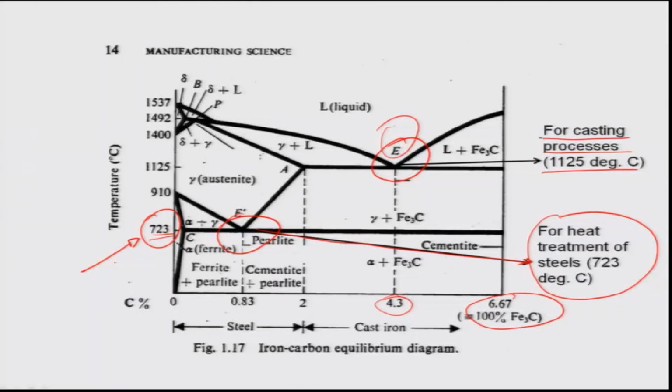There is yet another region which is important from the materials engineering point of view, right about here, where there is a phase delta iron, which is an allotrope of iron. As you are already aware, there are three different crystal structures in which iron can be present.